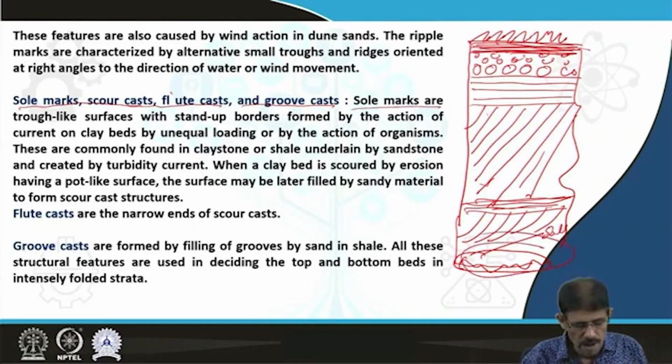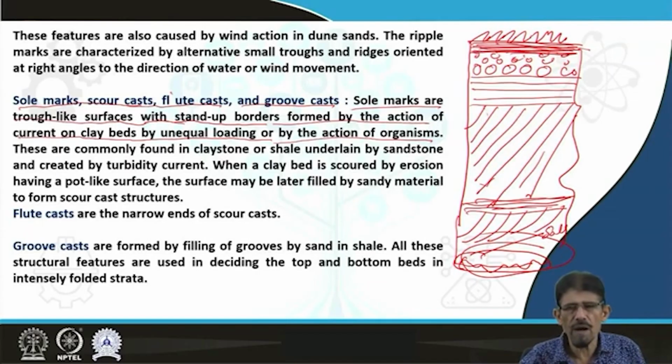The sole marks are trough-like surfaces with raised borders formed by the action of currents on clay beds, by unequal loading, or by the action of organisms. It may be biogenic also.